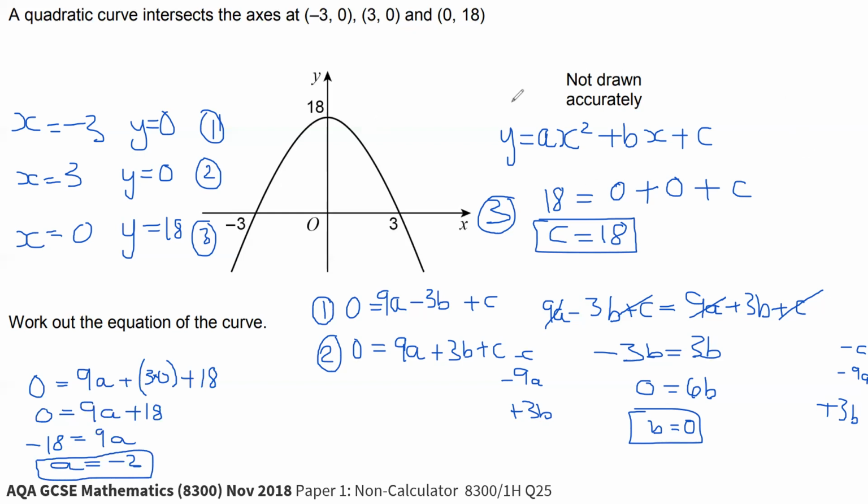So if we substitute all these back into this equation here, we're going to end up with y equals minus 2x squared. We've got no b, because this would always be 0 times x, so we've got nothing there, plus 18. Okay, and that will be our final answer.